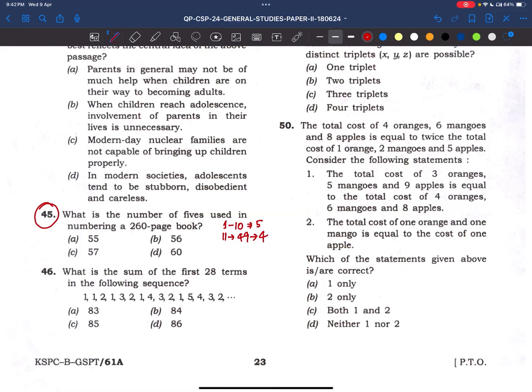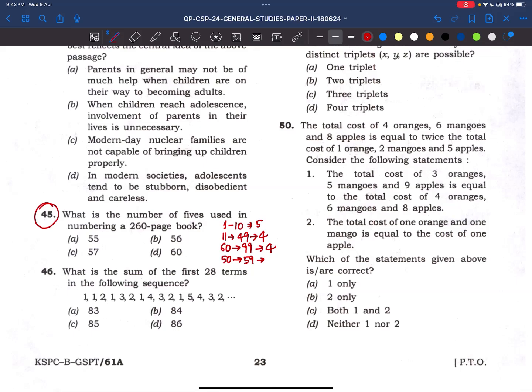Four numbers, right? Again, let's leave 50 to 59. Let's take 60 to 99. It will be 65, 75, 85, 95. That means 4, right?